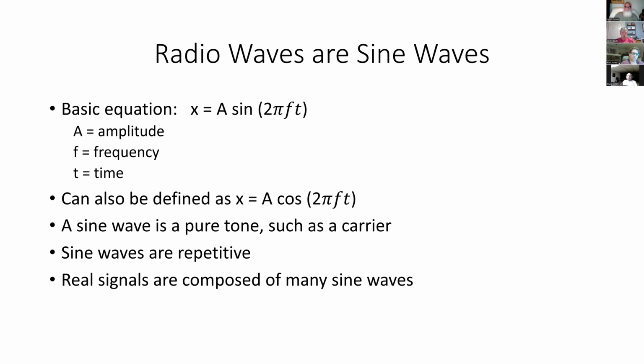Your voice is made up of sine waves on different frequencies and different amplitudes. Musical instruments, when they play the same note, are actually emitting different combinations of sine waves on different frequencies.